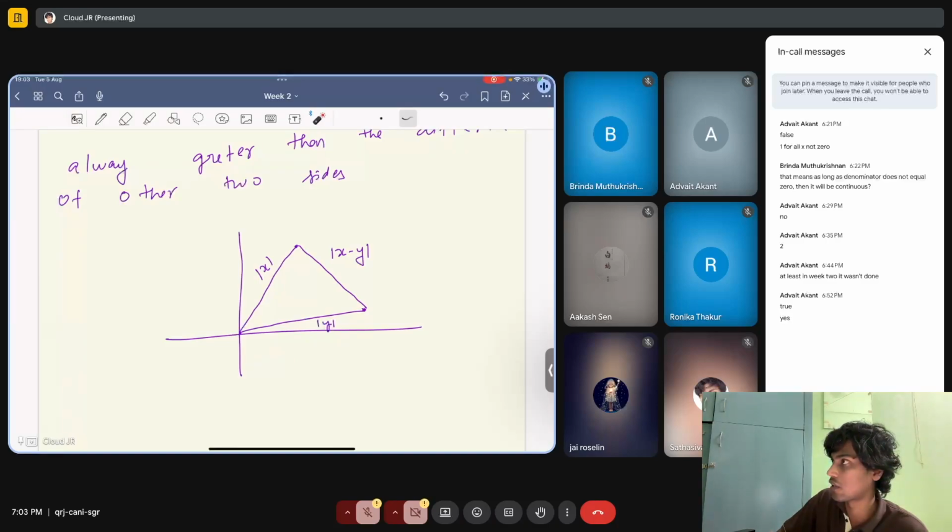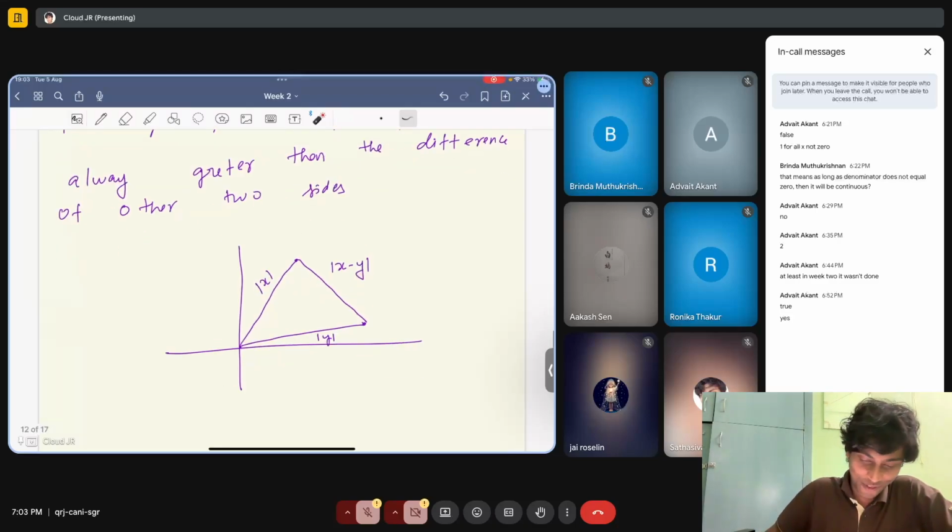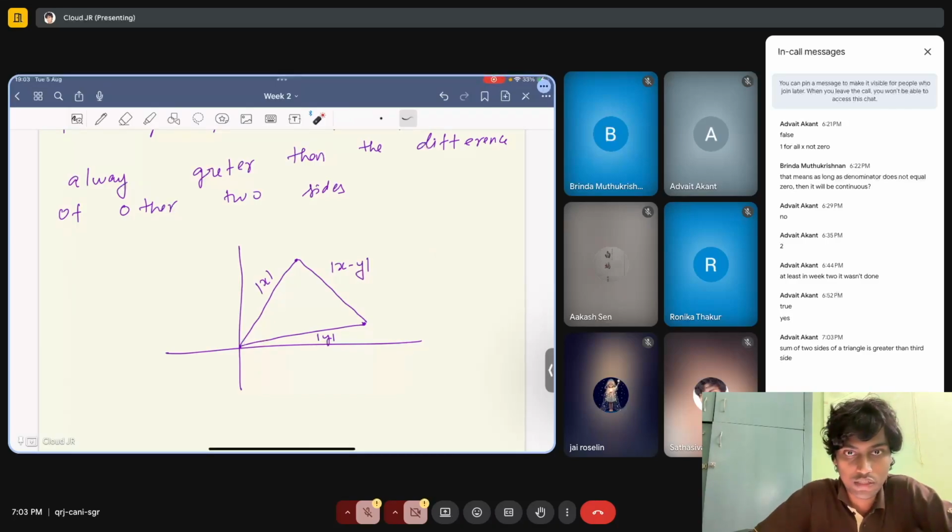I think I may not have it. Anyway, let's just skip the proof of it. You have to use some kind of vector algebra to prove it.